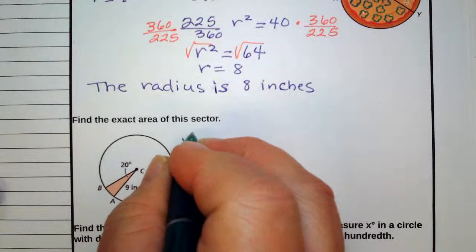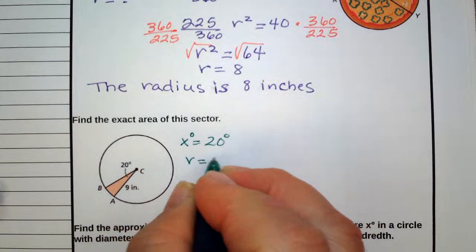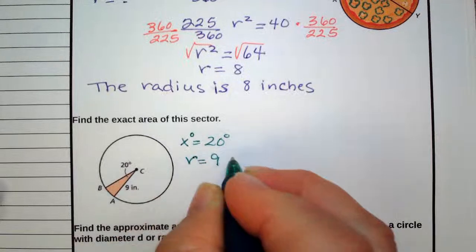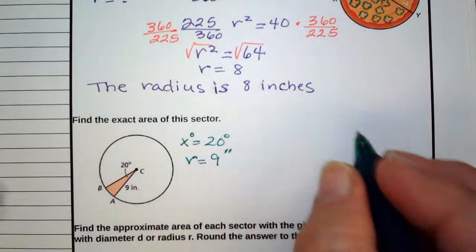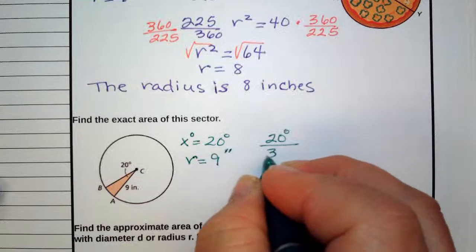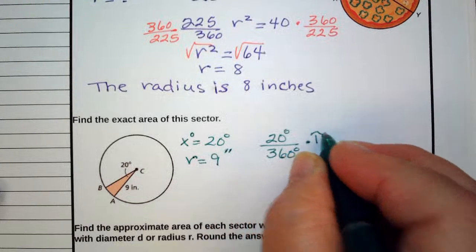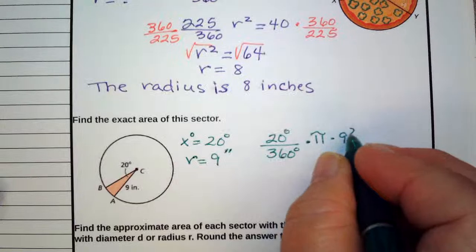X degrees is 20 degrees. My radius is 9 inches. So I've got the 20 degrees out of my 360 degrees total times pi times 9 squared.